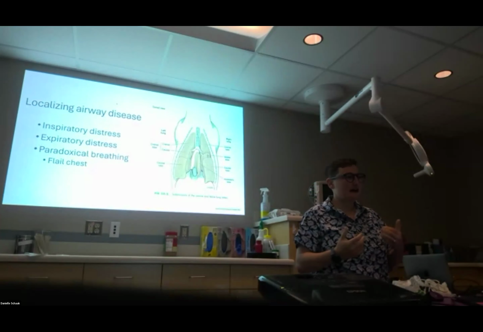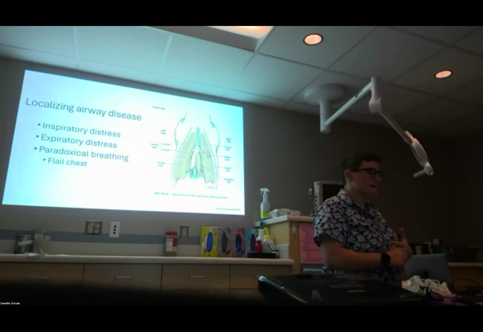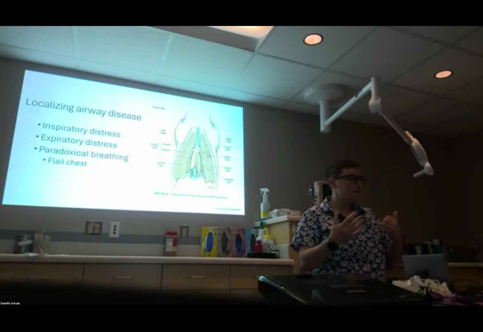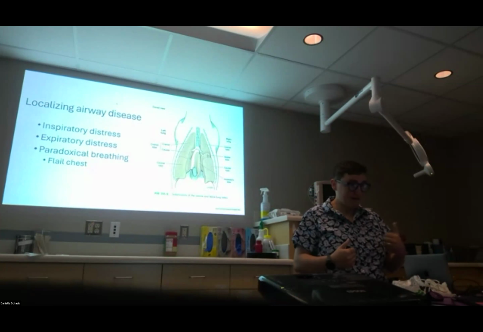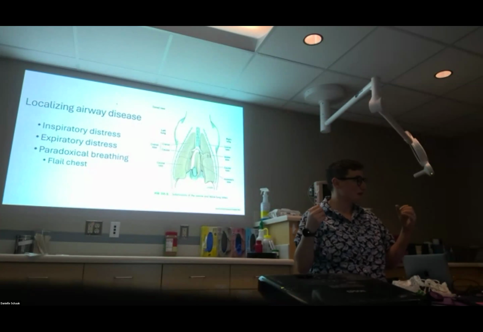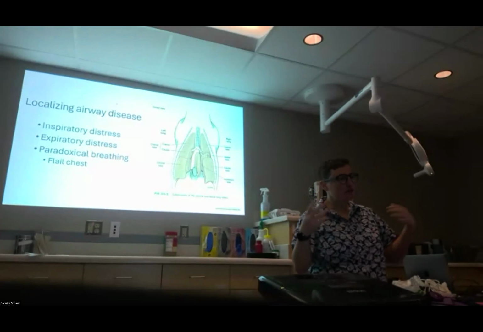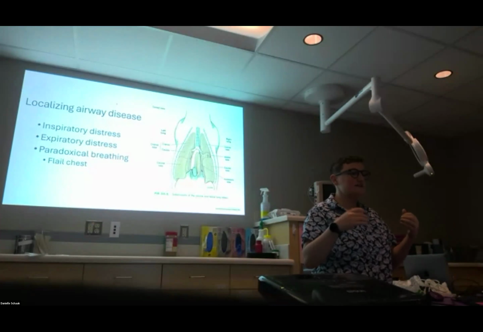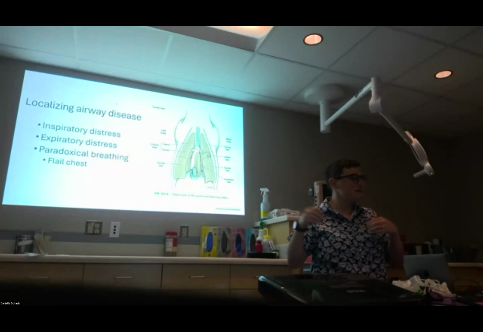We tend to see things like aspiration pneumonia more in the right middle or the cranial, predominantly the right middle, mostly because of the bronchial branching. When we're thinking about cardiogenic or non-cardiogenic pulmonary edema, it tends to be in the caudodorsal aspect.